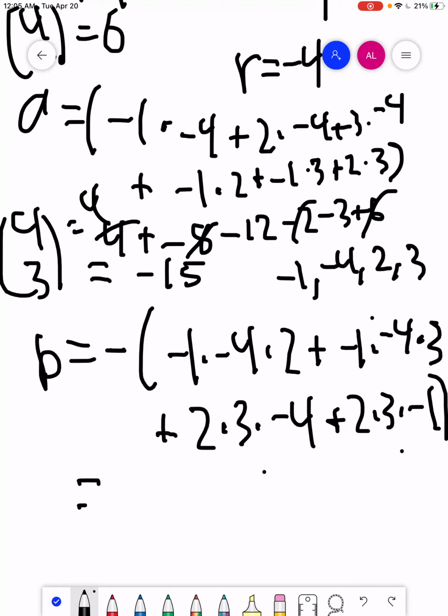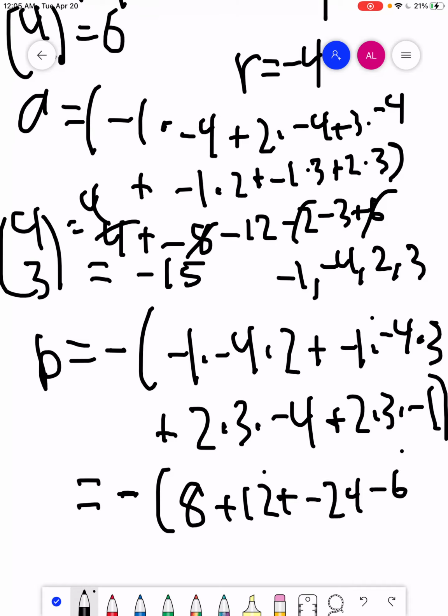This will be equal to -8 plus 12 plus -24 minus 6, which is equal to -10. The negative of -10 is positive 10.